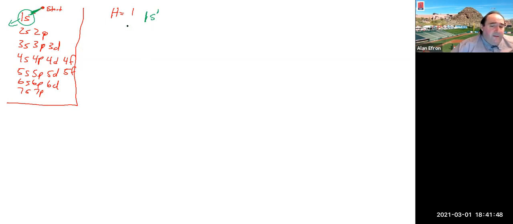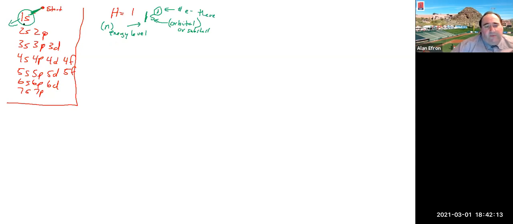The first number is the principal quantum number, the N number. It's basically the energy level. The S is the subshell, in this case an orbital it's in. And the 1 up on top, which is how it should be written, is the number of electrons that are there.